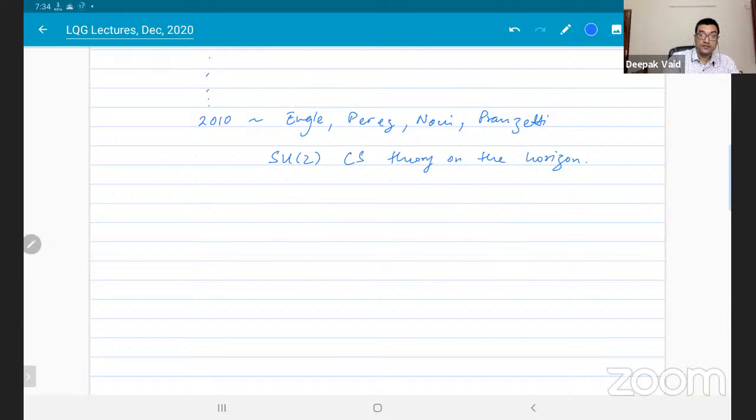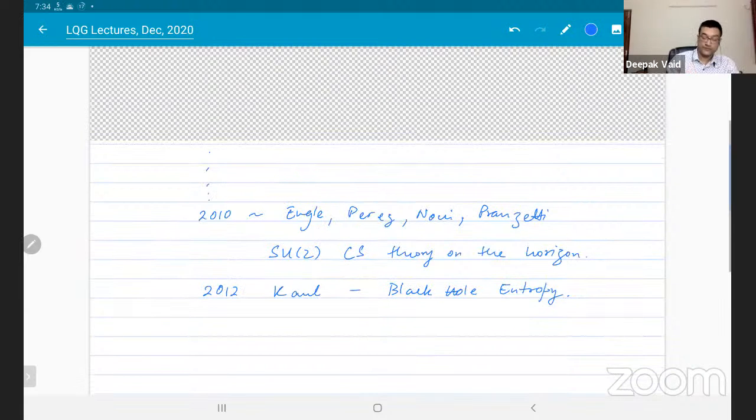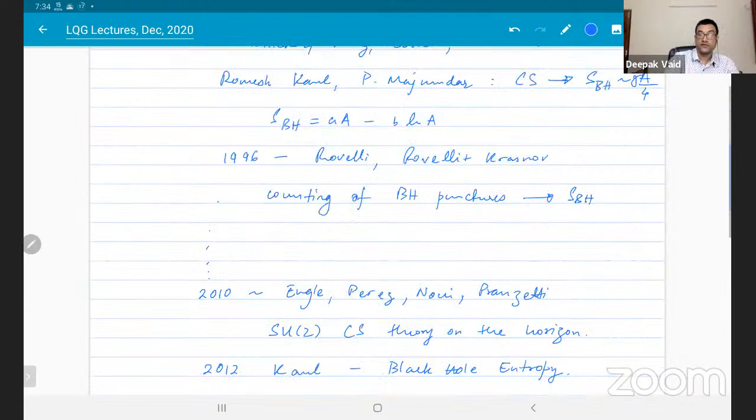And finally, in 2012 there is a very nice review paper by Romesh Kaul on black hole entropy. He summarizes all of these results, and he talks about the different methods that are used for calculating black hole entropy.